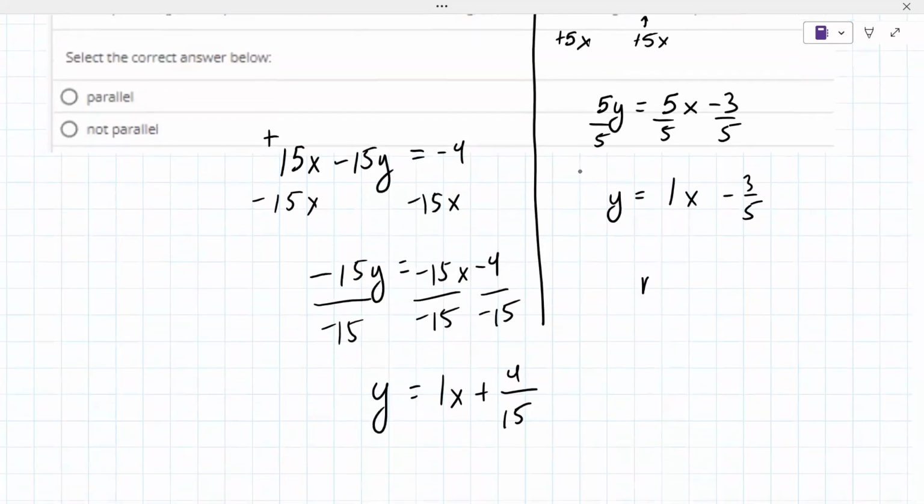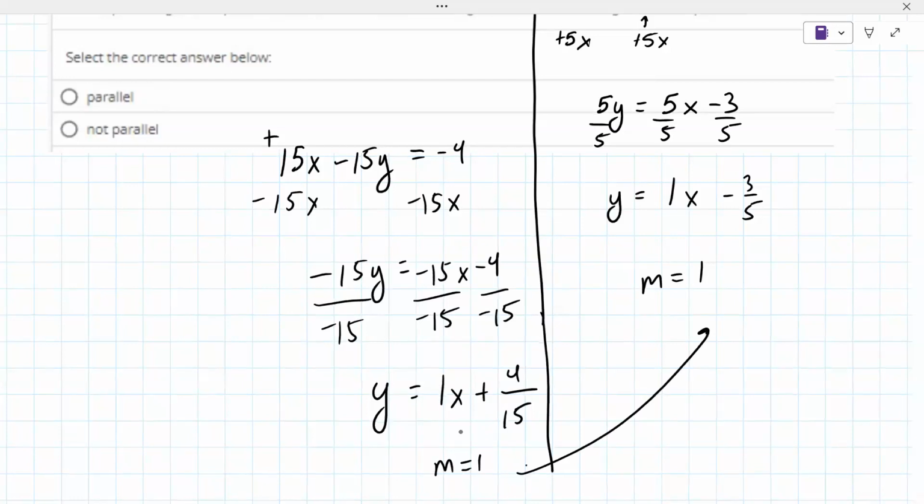What is the slope of the line on the right? One we just did. I'm sorry, what is the slope of the one on the left? This one is 1. What's the slope of this one? 1. 1. So if they have the same slope, they are parallel.